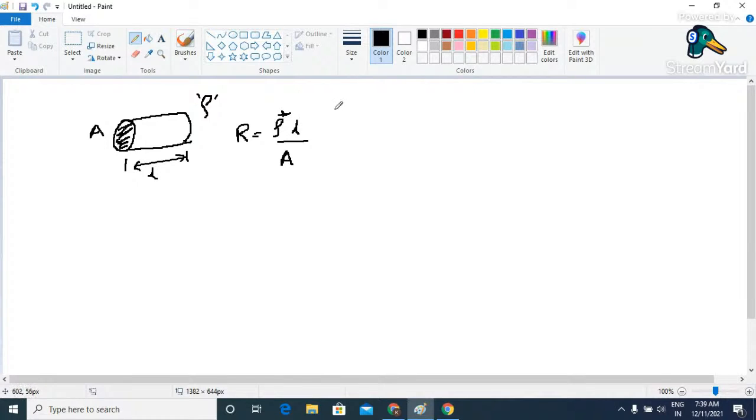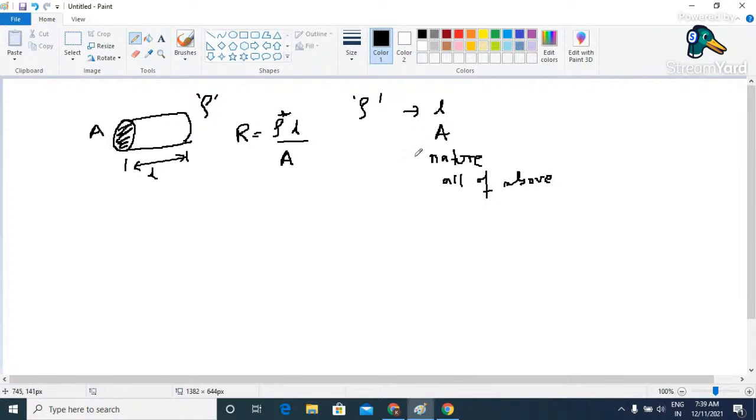This is a kind of theory on which there was one question in previous GATE exams: which of the following factors decide the value of resistivity? The options are: first, length; second, cross-sectional area; third, nature of material; and fourth, all of the above.